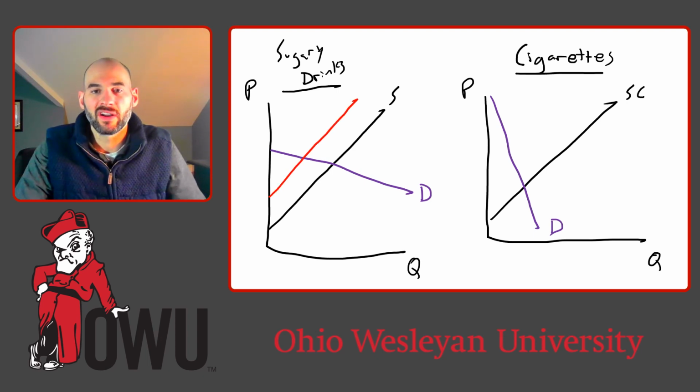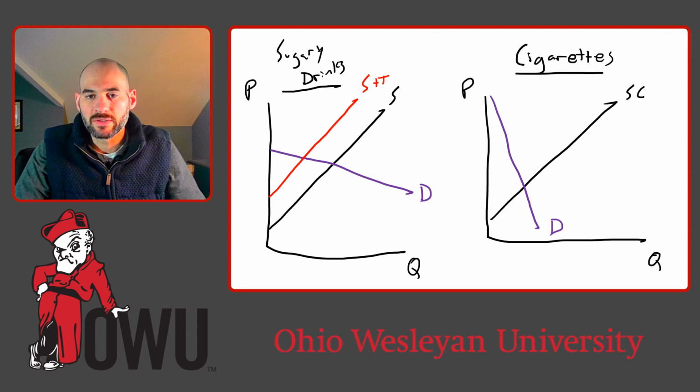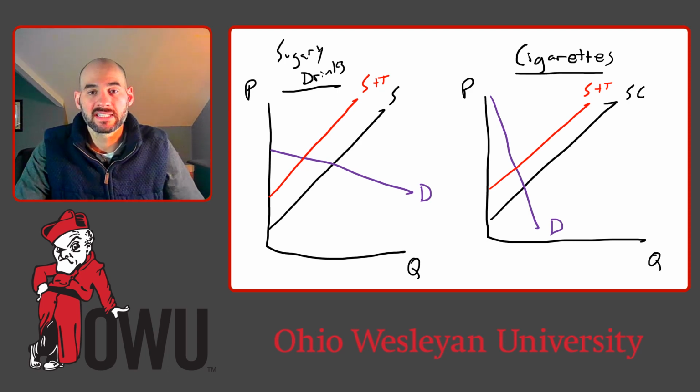So we're going to draw this parallel to that original supply curve. We're going to do the same thing in the market for cigarettes. And now we're going to analyze how this impacts supply and demand, consumer surplus, and producer surplus.